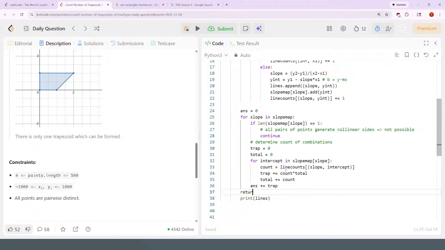It's okay for the base case. Yeah. Let me think.